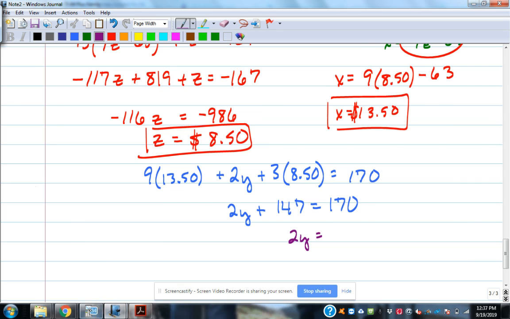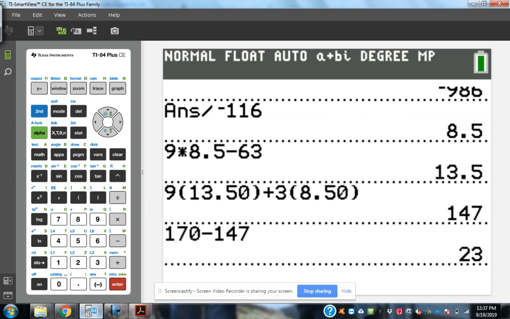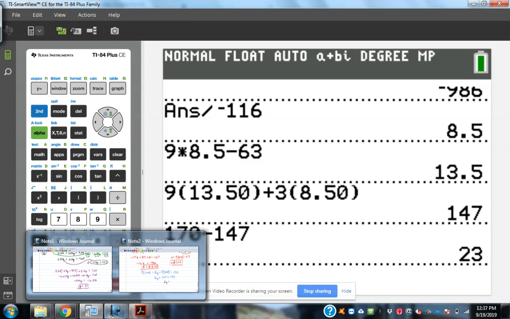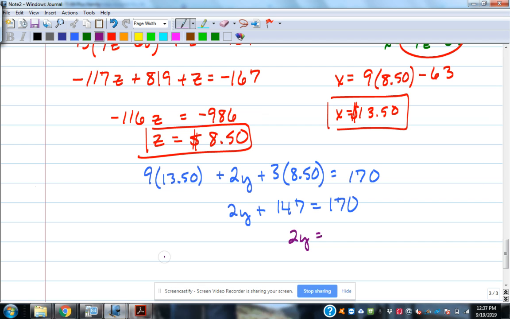Did I mistype something there? 13.50 and 8. What did I do wrong? Tell me what I did wrong. I know what it is. For x, I put 9. 23. Ah, and oh yeah, that ends up being 11.50, doesn't it? That's okay. All right, sorry.